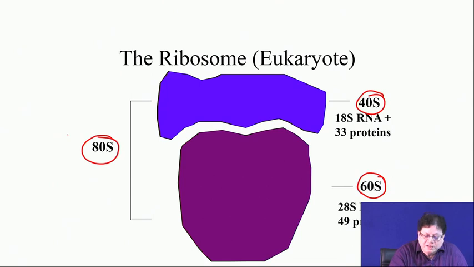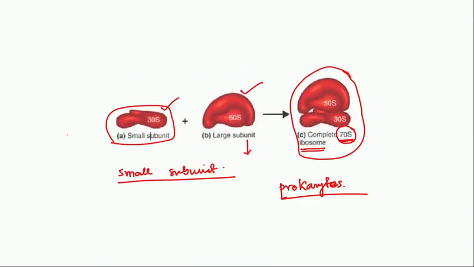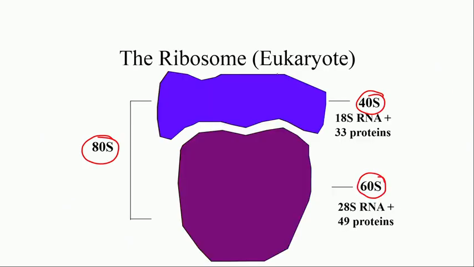So, the eukaryotes have 80S ribosome, which consists of a 40S small unit and a 60S large unit, and the prokaryotes have 70S ribosome, and that has got a 30S and a 50S subunit. You see that the ribosome is made up of ribosomal RNAs.